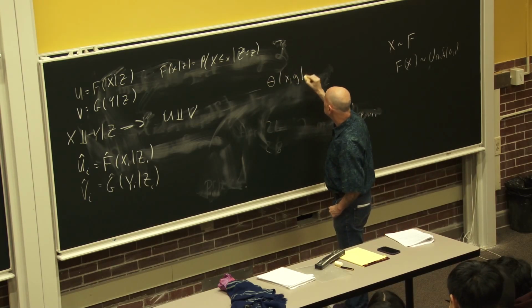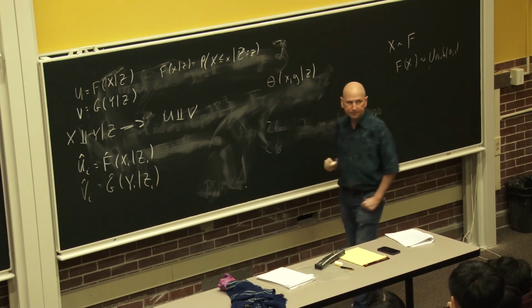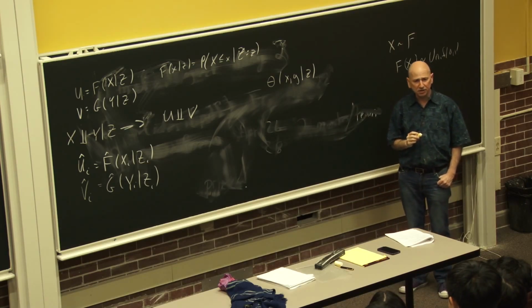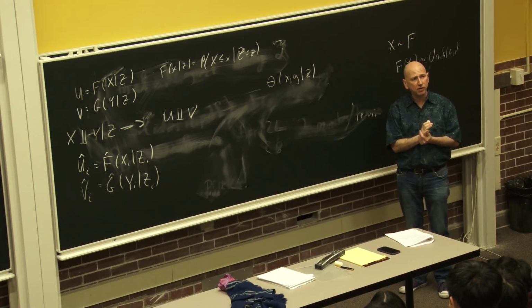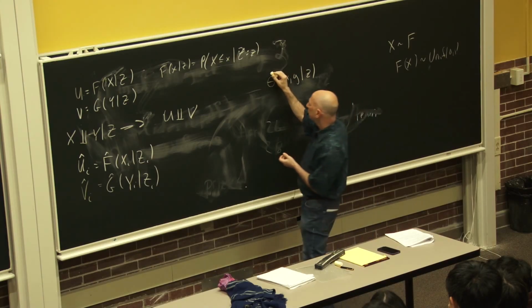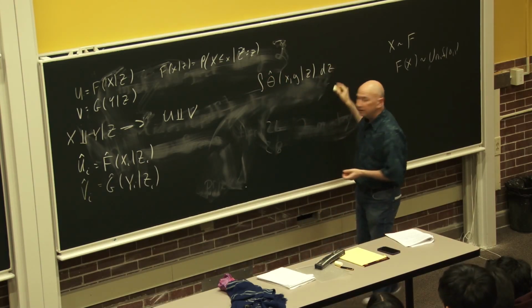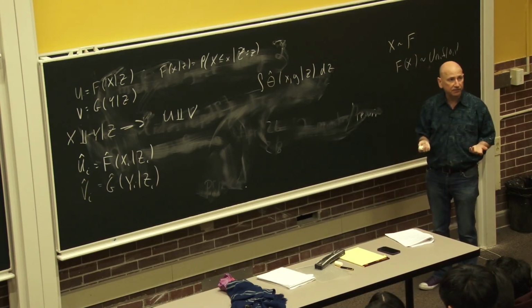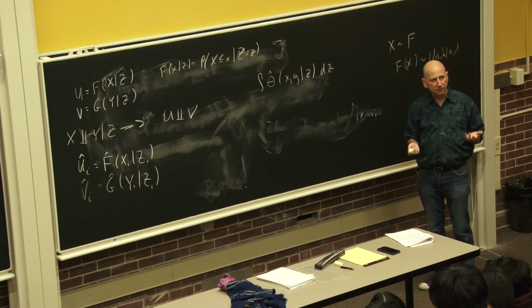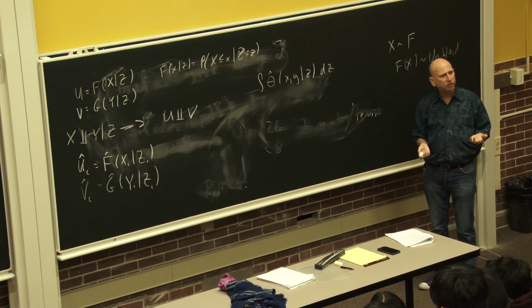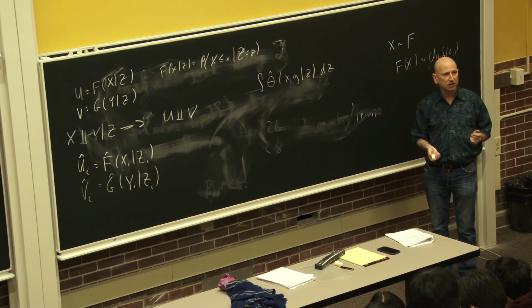We could estimate this as a function of z. How are we going to do that? Again, we're going to have to do some sort of smoothing over z. And then you could look at this integrated over z or something like that and try to create some sort of measure of conditional independence. So there are one or two papers about that as well. I should have mentioned that.